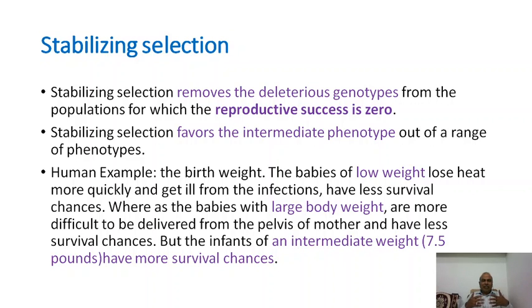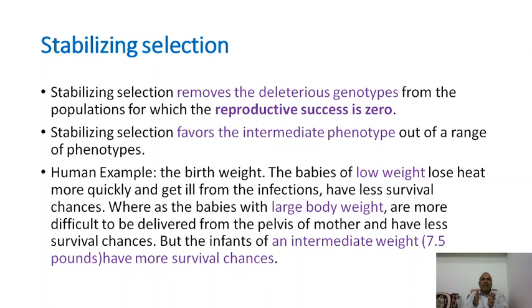Generally we think that if an infant has more weight, he will become fit. That is why, in the beginning, we discussed that Darwinism and natural selection are misunderstood. So what is the fit value? Fit value is that value which is required for that particular context. So 7.5 pound birth weight individuals are fit.